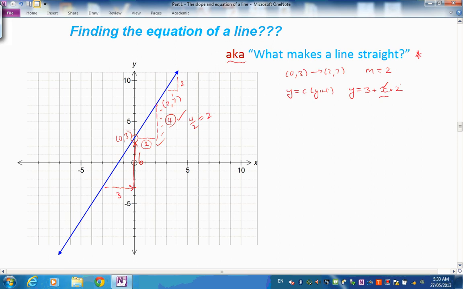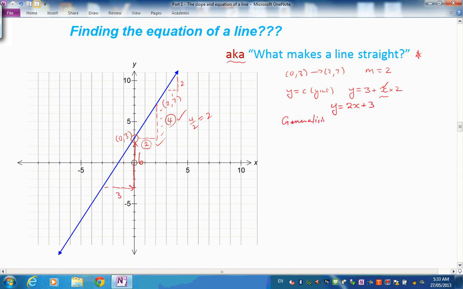If you multiply the x change by the slope, that's how much you have to go up on your line. This is what Descartes did. So it would be 2x plus 3. That's the way we can think about what makes a line straight. What is its equation? Okay, so can we generalise that?